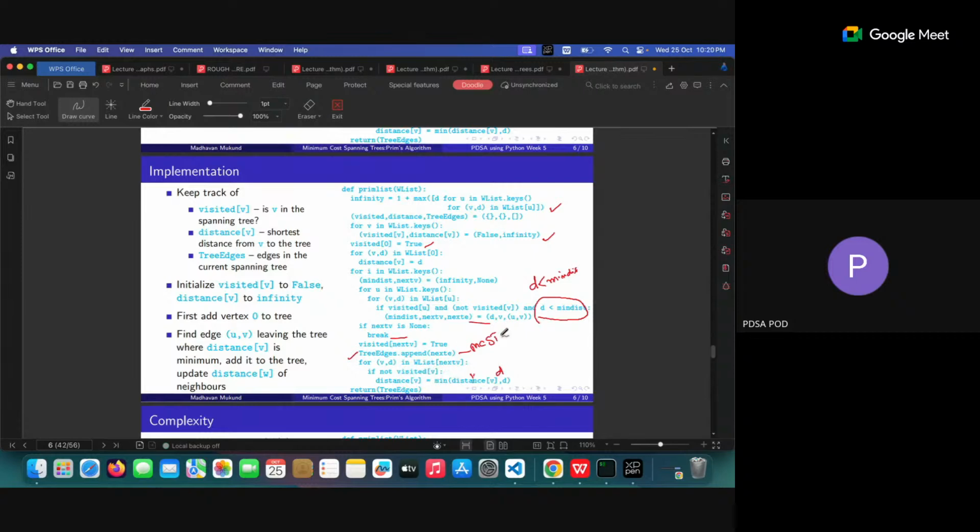Finally, tree edges. For the complexity, if you think about it, one loop is N, and inside there is another loop, but it is not nested. There is a for loop with keys, and another for loop with keys, which is another inner loop. It does not belong to the inner loop of U, it belongs to the inner loop of I.